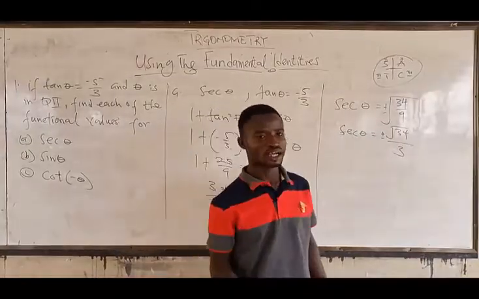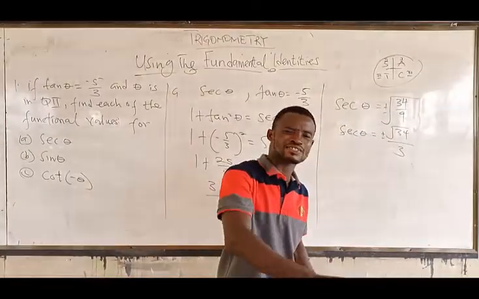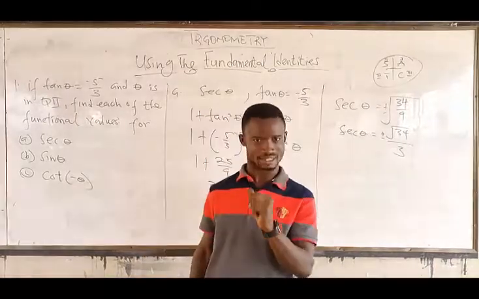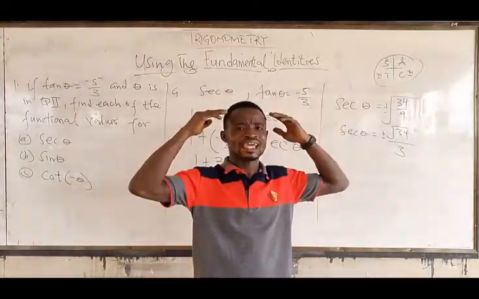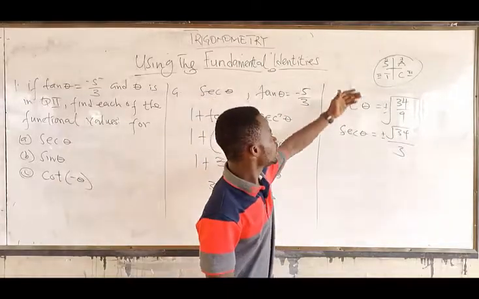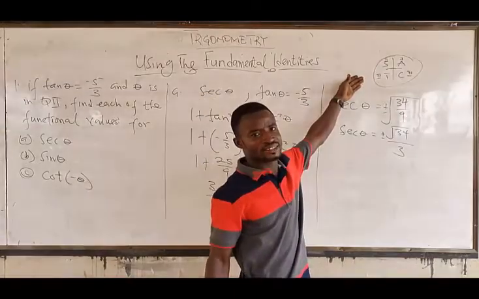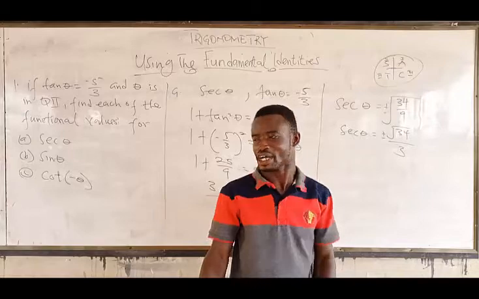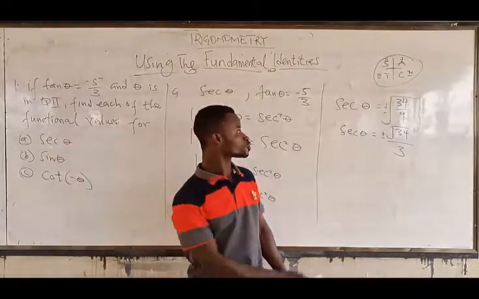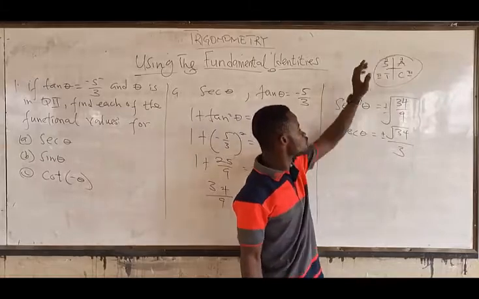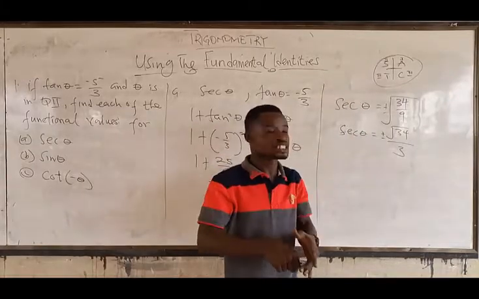Now, is it going to be plus or minus? This is the question. And the only concept or the only idea that is going to help you is our All Students Take Calculus. And don't forget, for the question, you are working in quadrant 2. So in quadrant 2, only sine is positive.